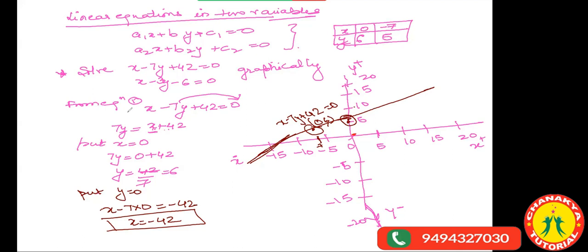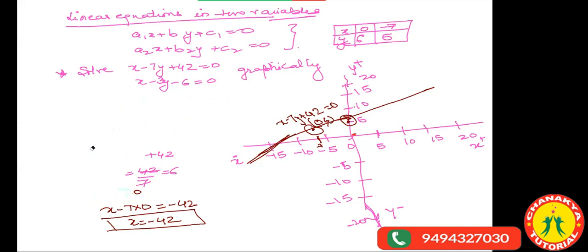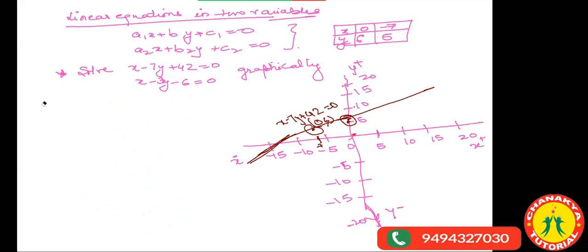Okay, now see, next thing. Next equation now I am going to solve. Now take the second equation. Second equation is x minus 3y is equal to 6.